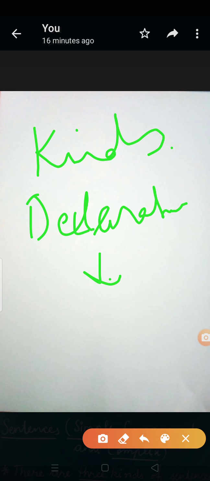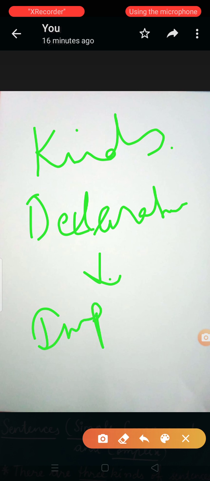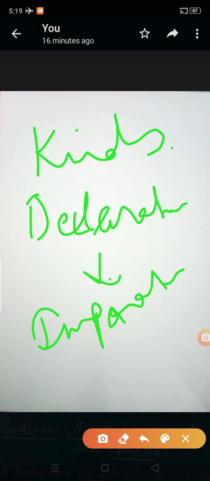Second type is imperative. Imperative means when you request someone, when you order someone, when you command someone, when you advise someone, all these sentences come under imperative sentences.